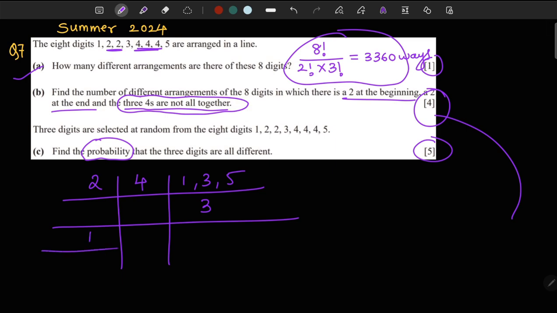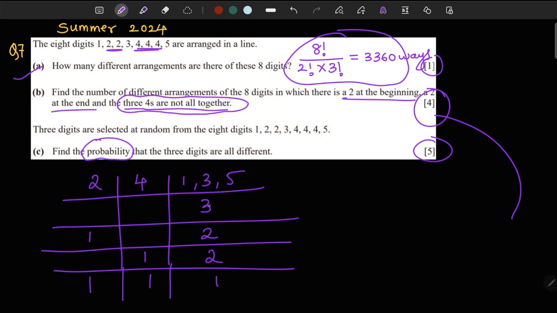We can have 1, 2 and 2 of these ones. We can also have 1, 4 and 2 from this, or we can have another one wherein 1, 1 and 1 can be taken. In this way, we can have all 3 different digits from the 8 digits that we have in this question. So how many ways are there to do this?